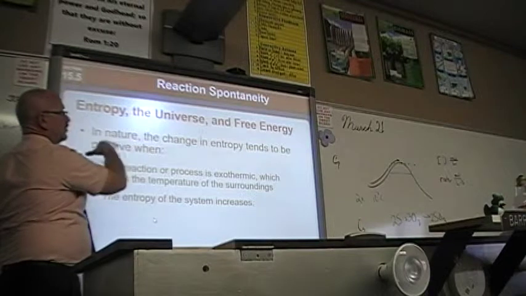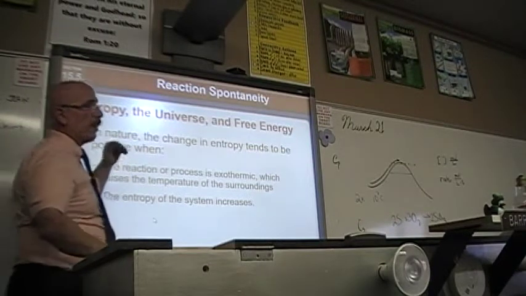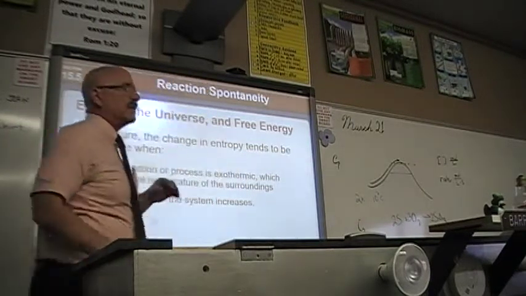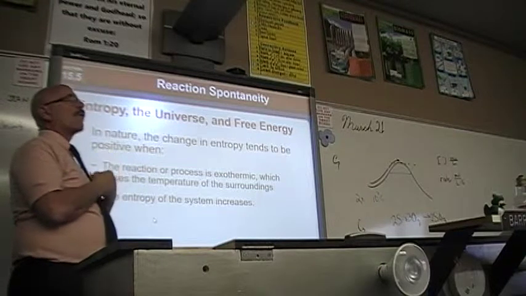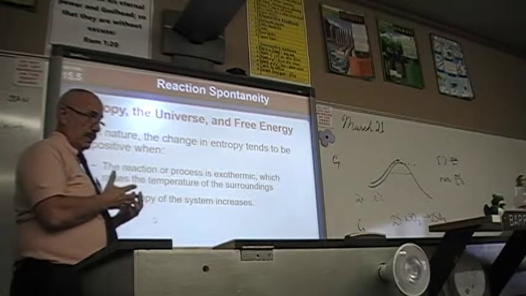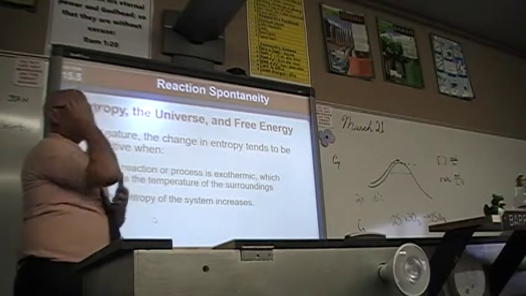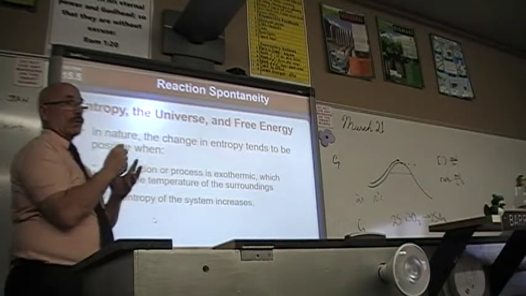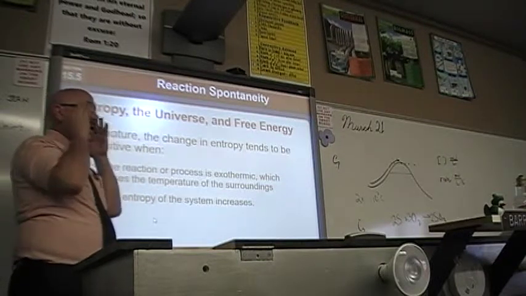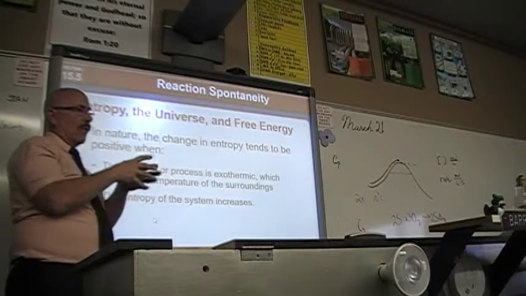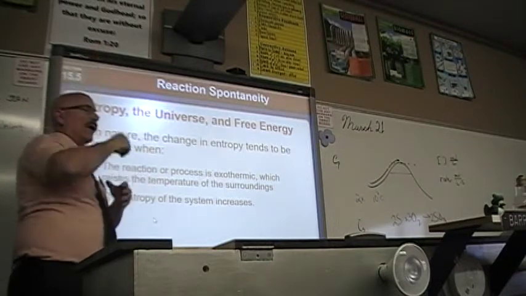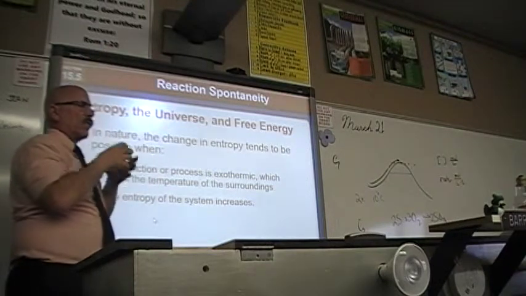Okay, in nature, change in entropy tends to be positive. That means things are getting more disordered. Think of a tree. A tree in the woods, when it's alive, is orderly. The cells are functioning. They're all rigid. They have nice cell walls. It pumps water in. It grows leaves. It's very, very ordered.